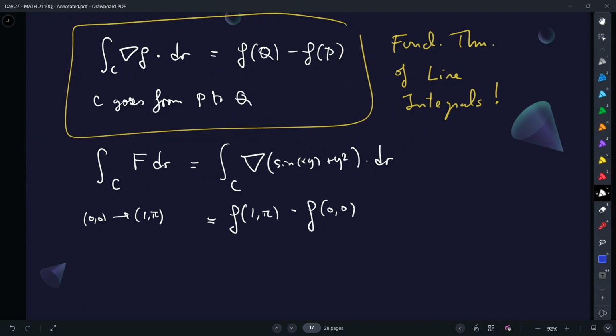And this function evaluated at 1, pi is the sine of pi plus pi squared, minus the sine of 0 minus 0 squared. The sine of pi is 0, so this is just pi squared.